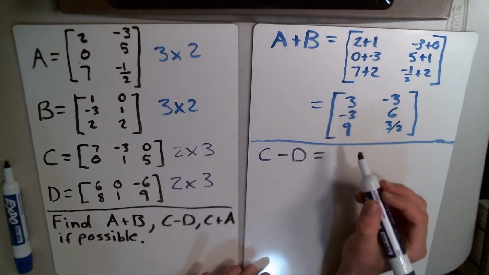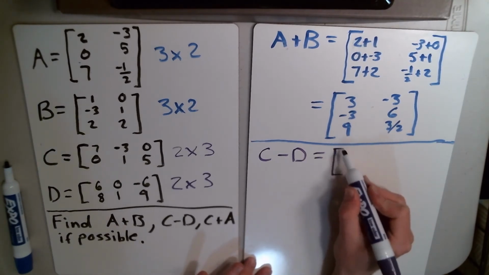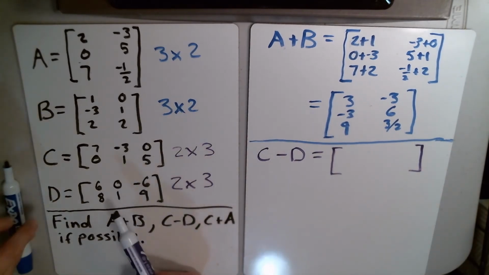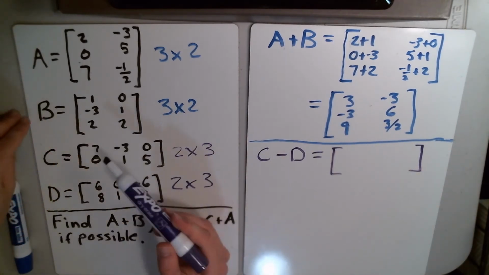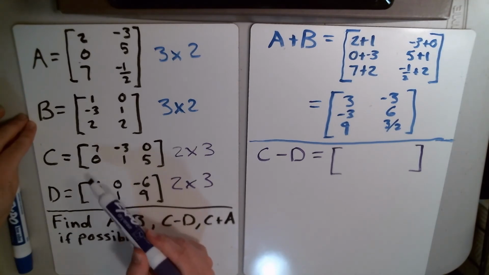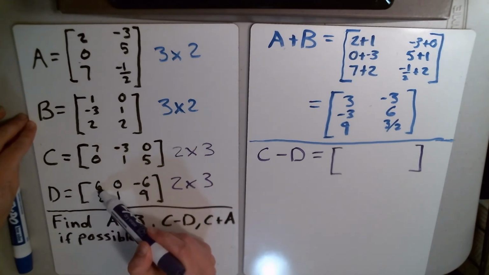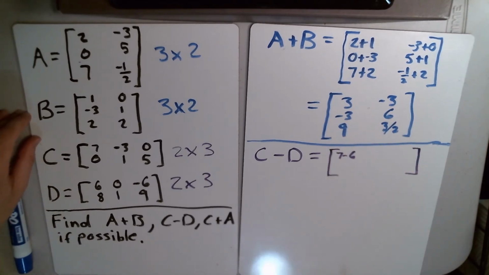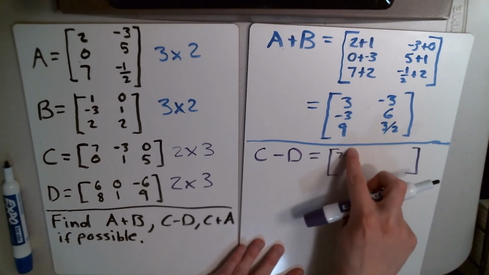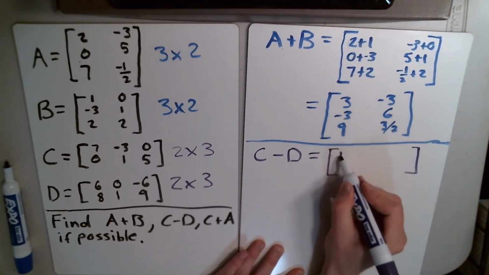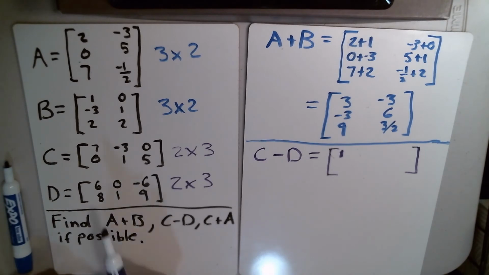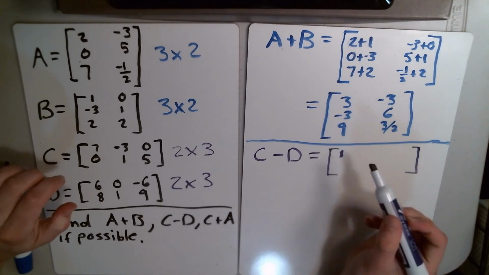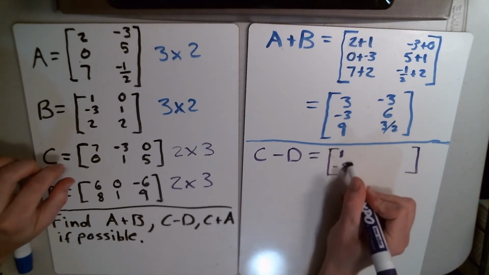What I do is create a matrix of the same size as these ones, and I just subtract the entries from each other. For that first entry, it would be 7 minus 6, or in other words, 1. Now for the second, 0 minus 8 is negative 8.